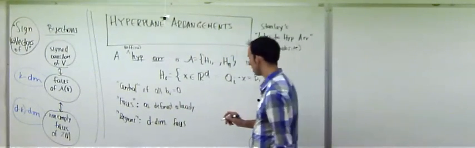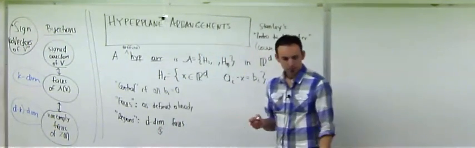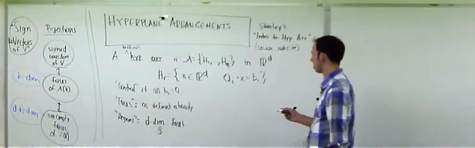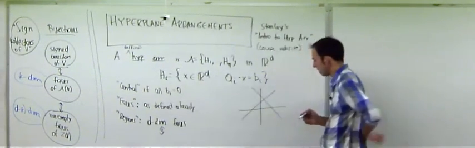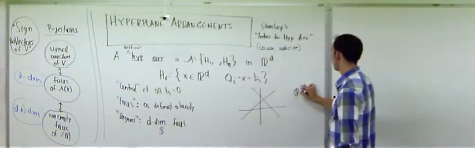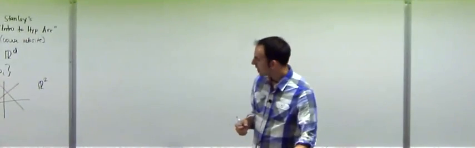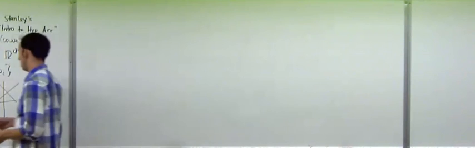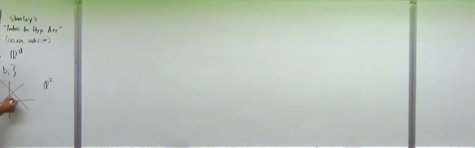Now, one thing you'll notice is the following. Maybe this is easier to see if I have a picture. So there's a hyperplane arrangement in R2, right? In R2, hyperplanes are lines. And so the regions are all of these: region, region, region, and so on.